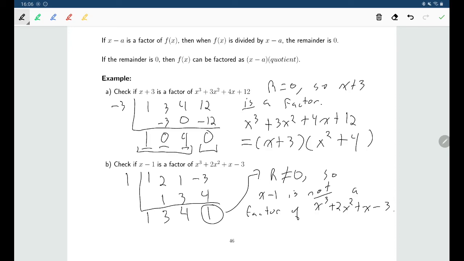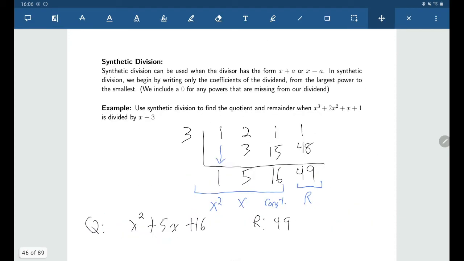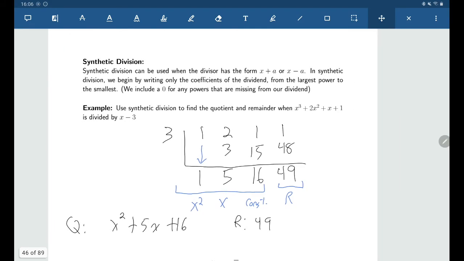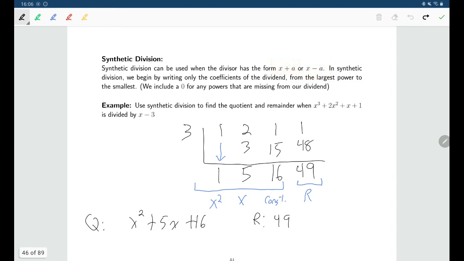So there we go. For synthetic division, the one thing where it's especially useful is for any case where you're dividing by either x plus a number or x minus a number, which is going to be all the cases that we're really interested in when it comes to factoring polynomials.